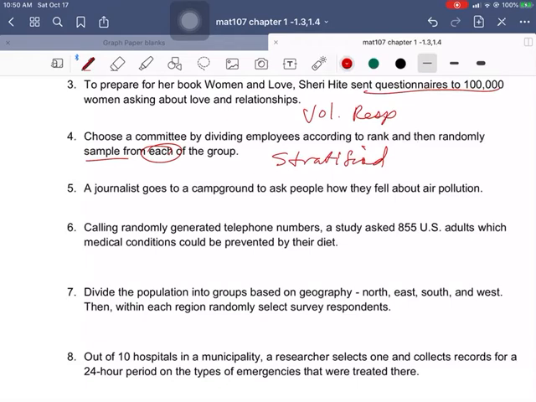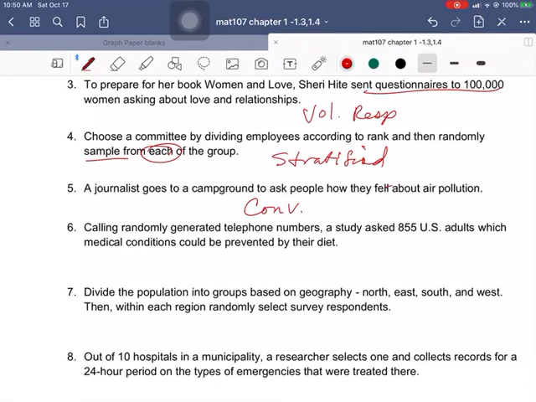Journalist goes to a campground and asks people how they felt about air pollution. So I'm thinking convenience. Who's going to talk to him, who she ran into, who's there for that day, who happens to be around.